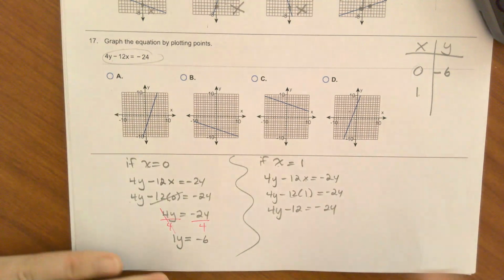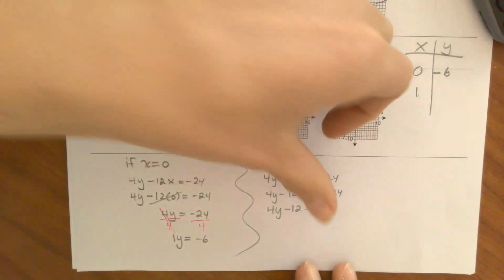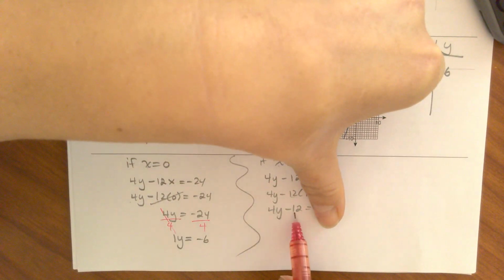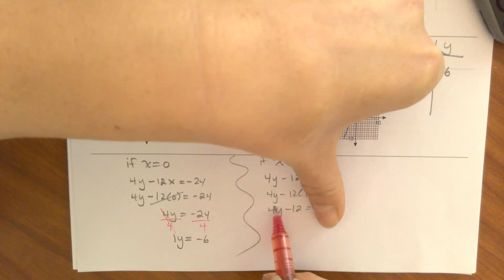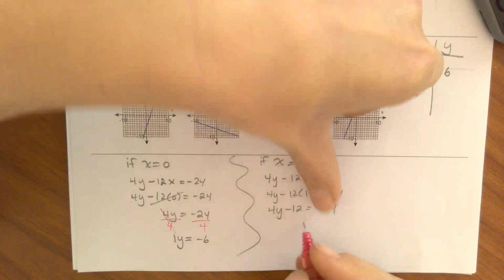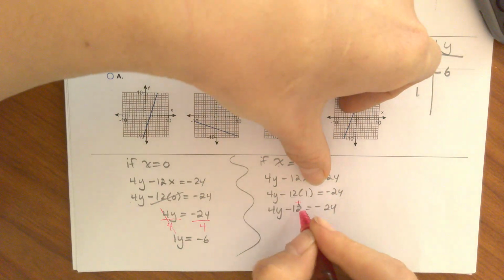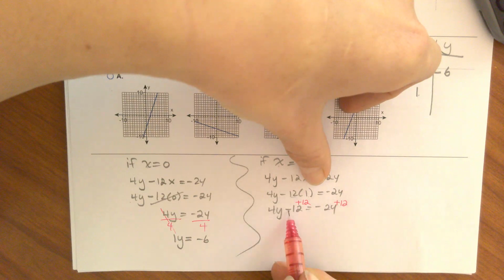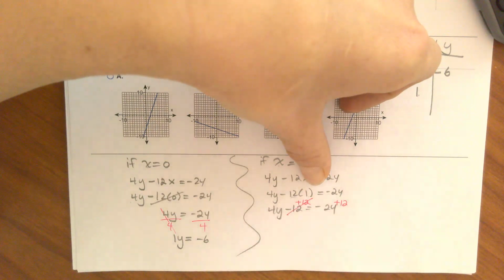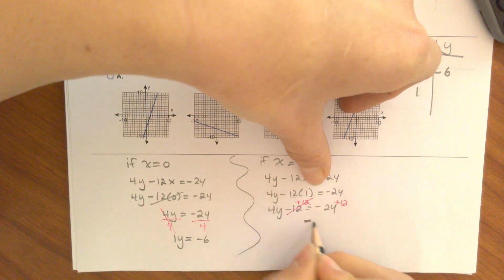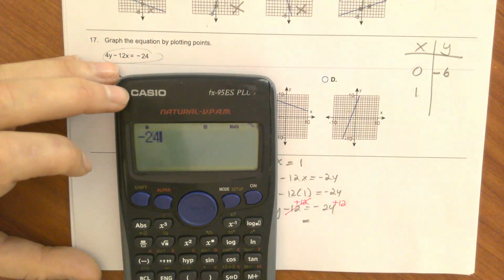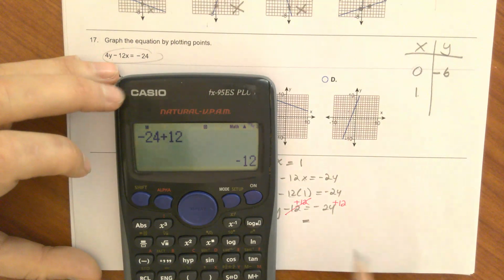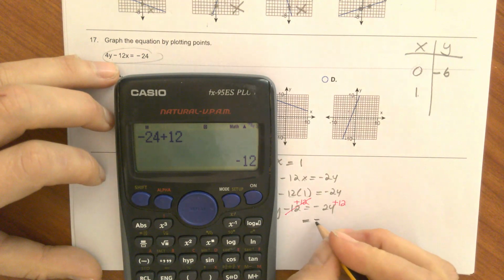Now I want to get y by itself. Do I get rid of the 4 or the 12? Well, this is close, this is your close friend, and this is your neighbor, it's far away. So let's do the neighbor first. Plus 12, plus 12. We always do the opposite. If that's minus, we do plus. So that's 0. Now I have negative 24 plus 12, and that's equal to negative 12.